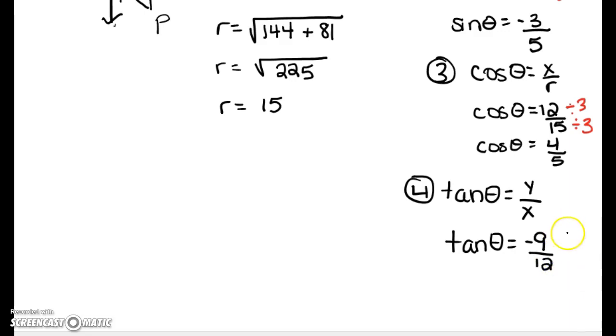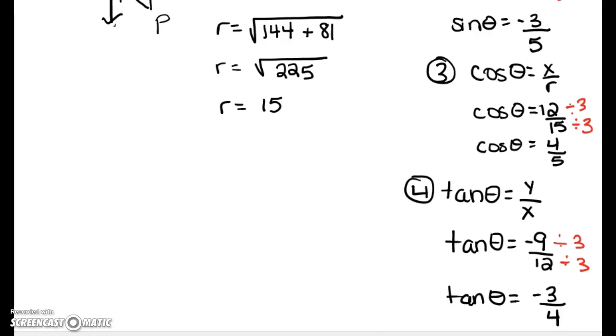Once again, these are both divisible by 3, so you can reduce that fraction. So divide the top and the bottom by 3. And what we should be left with here is tan of theta is equal to -3 divided by 4.